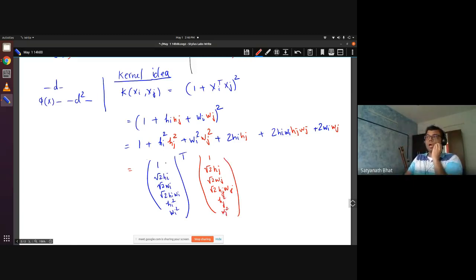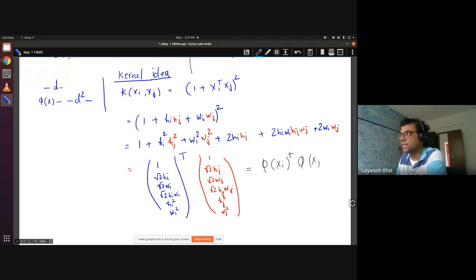Okay, so what we are actually doing through this kernel is a transformation to a higher dimensional space. If you really think about it, this is equal to some phi of xi transpose phi of xj, where phi of xi is this transformation. So from your original space of h1 w1, we have gone to a higher dimensional space in this manner.